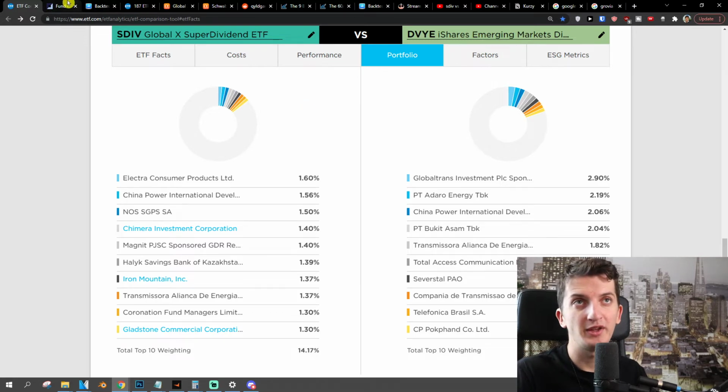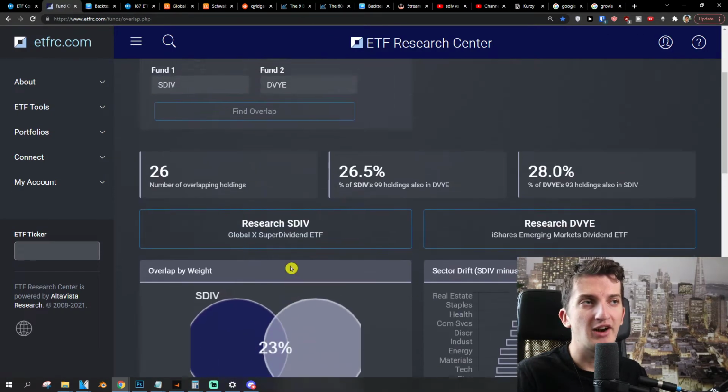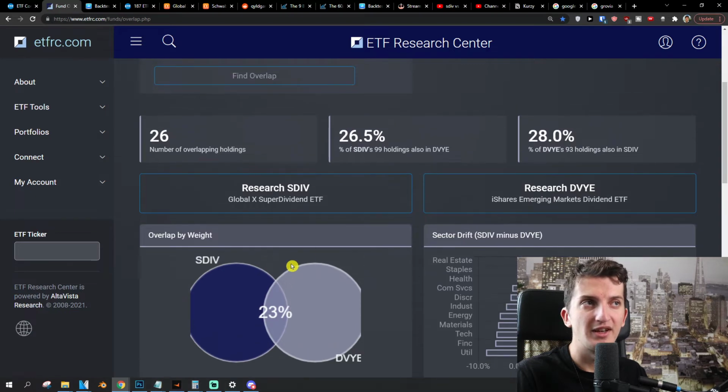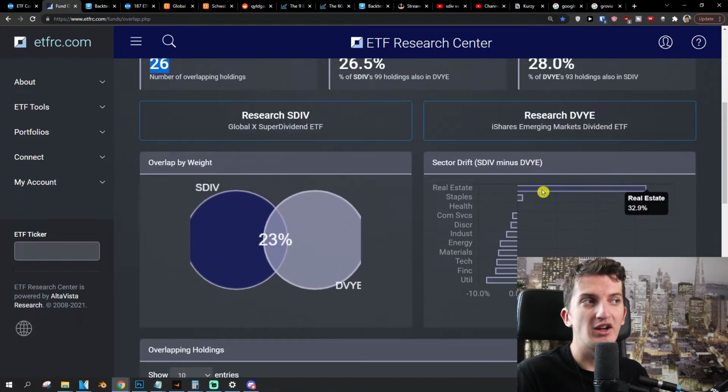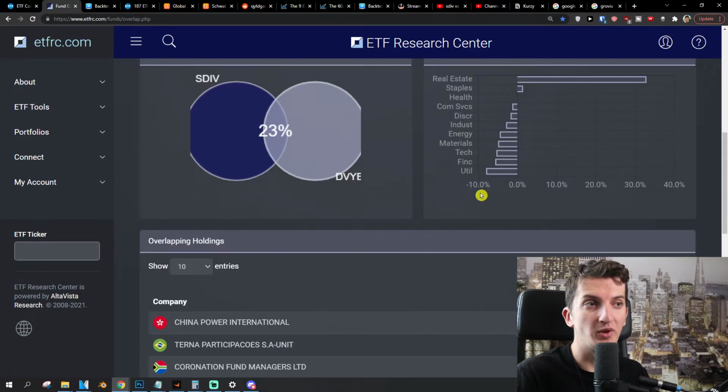So when I come here to fund overlap, SDIV compared to DVYE, we see they are overlapping by weight 23%. 26% of the SDIV 99 holdings we would also find in DVYE, and 28% of DVYE's 93 holdings are also in SDIV. There are 26 overlapping holdings, and a lot of real estate we can find.